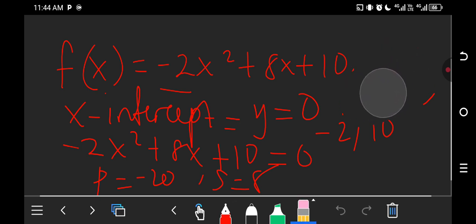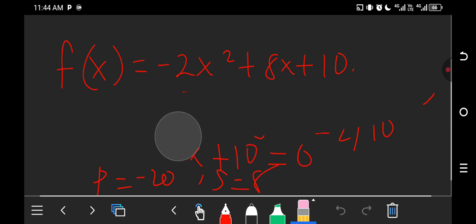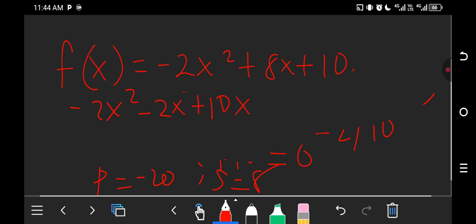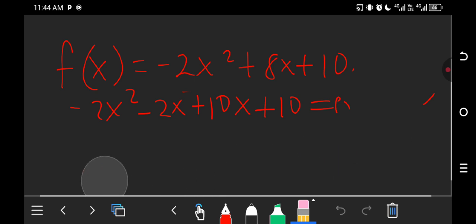So let's now substitute on b. You are going to say negative 2x squared, let's start with negative 2x, then plus 10x plus 10 is equal to 0. Then we solve this.